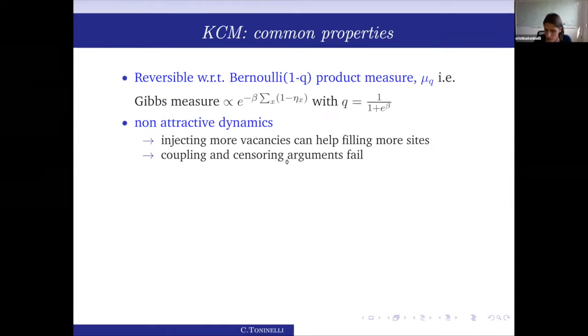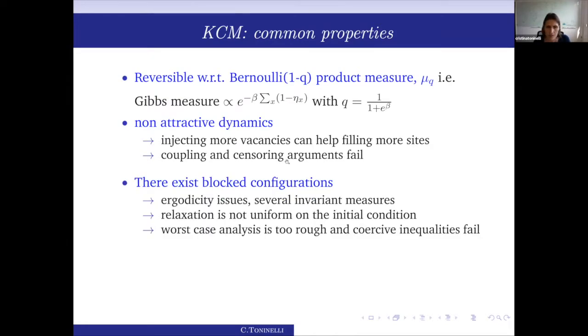Okay, so another observation is that I said that the Bernoulli product measure is a reversible measure for the process, so it's an invariant measure, but it's not the unique invariant measure. In fact, this is again a consequence of the constraints.